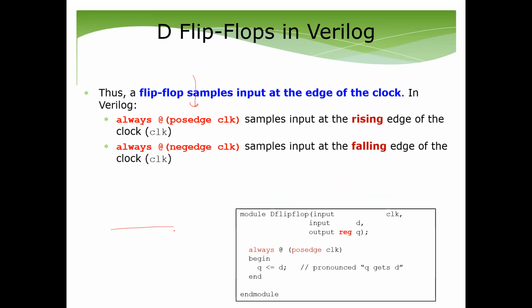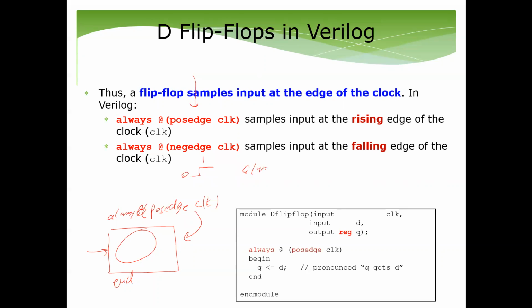I want to access this code only when you have a positive edge of a certain signal, which for us is going to be the clock. So when you write always at posedge clock, that means when clock goes from 0 to 1, enter this always block and execute whatever you have in there.